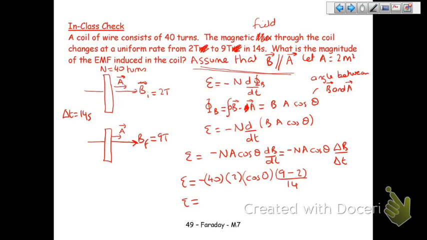So E is going to be equal to 1 minus 40 times 2 times 7 over 14, which is 20 times 2, which is minus 40 volts, I believe.